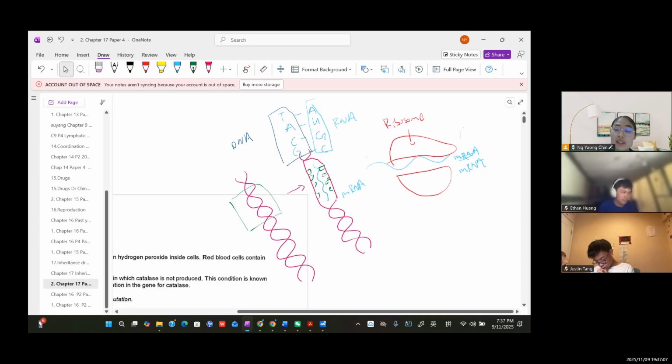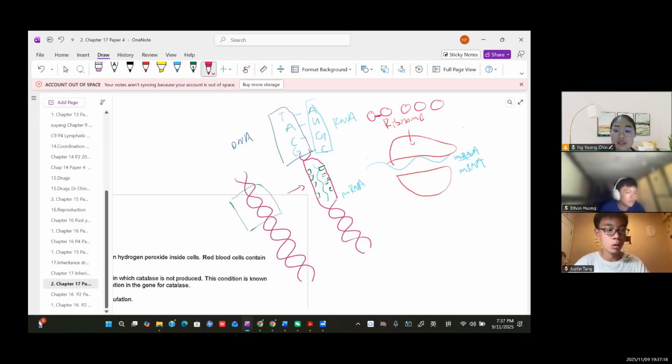So just imagine, this is the amino acids. There will be a bond holding the amino acids together like this. So what is the bond holding the amino acids? It's a peptide bond, okay?